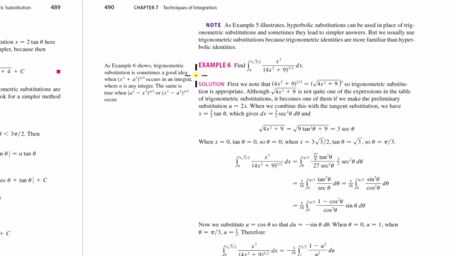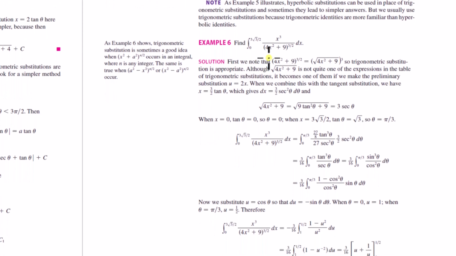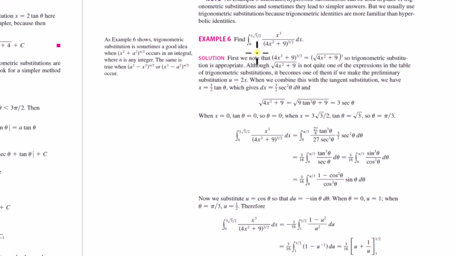All right, so let's take a look at example 6 here. We've got, in the integral, 4x squared plus 9 to the 3/2 power. So this is a square root, but really it's more about what do you do when you see something like this? It's kind of like a squared plus x squared, but not really. So what you do here is you say, okay, this is 2x squared, right?